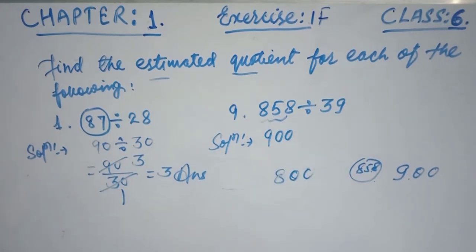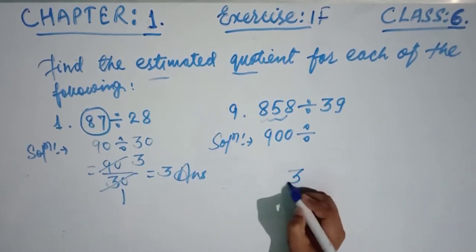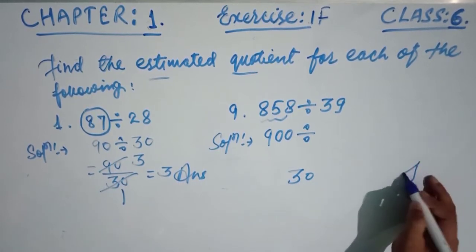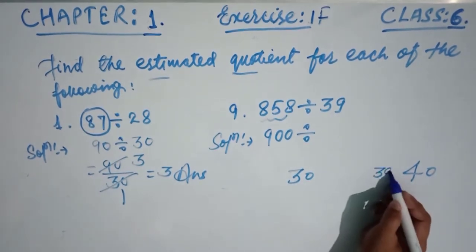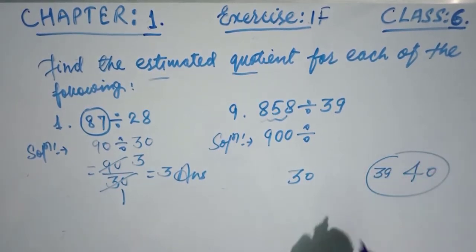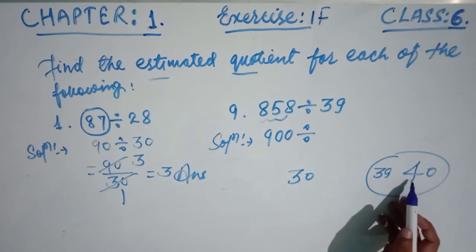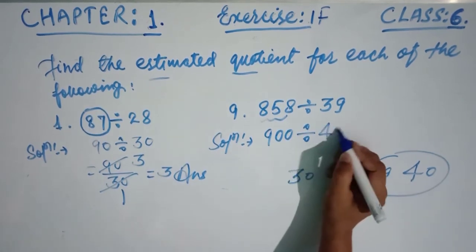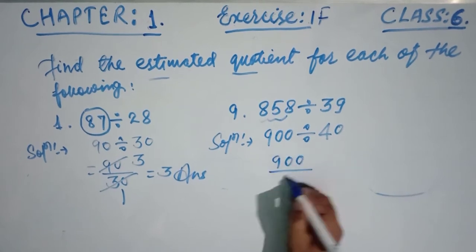And divided by 39. 39 lies between 30 and 40, friends. So 39 is closer and closer to 40, and the value of 39 is very far away from 30. So the estimated value of 39 we can take as 40. Now this can be written as 900 divided by 40.